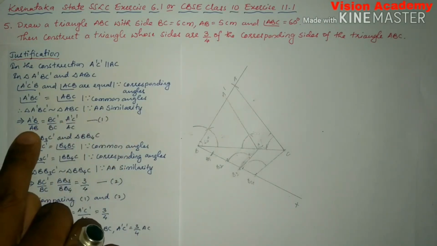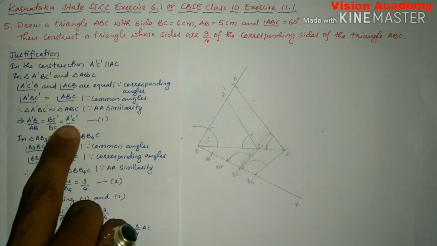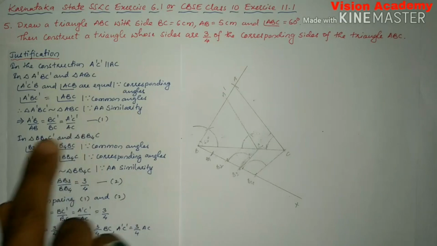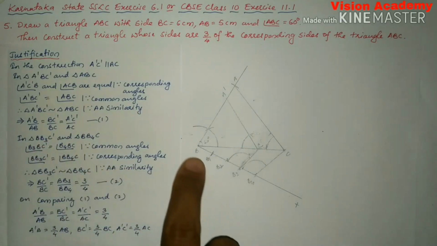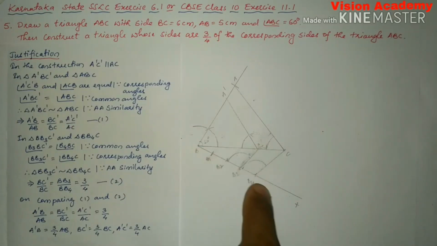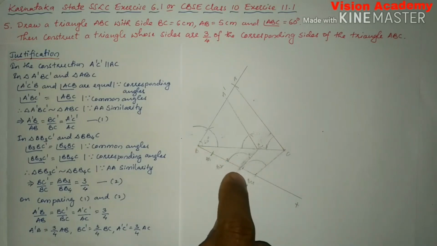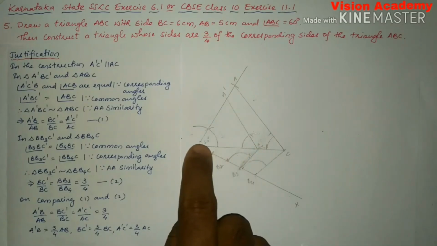So this implies the basic proportionality theorem. A dash B by AB is equal to BC dash by BC is equal to A dash C dash by AC. Let us consider this one as equation number 1. Now in triangle B B3 C dash and B B4 C, here angle B3 B C dash is equal to B4 B C because it is common angle.